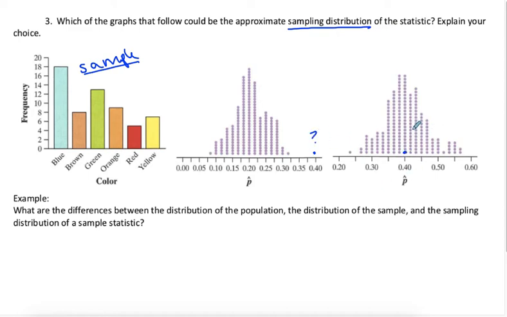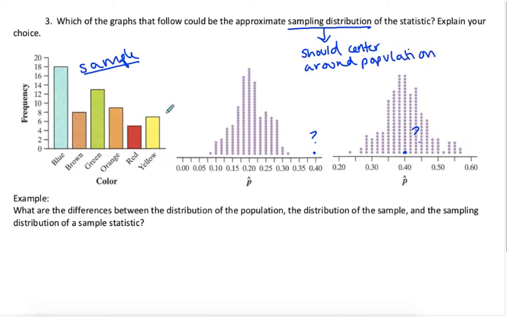So what seems reasonable about our sampling distribution? Putting this together with the idea that our sampling distribution should center around the population.